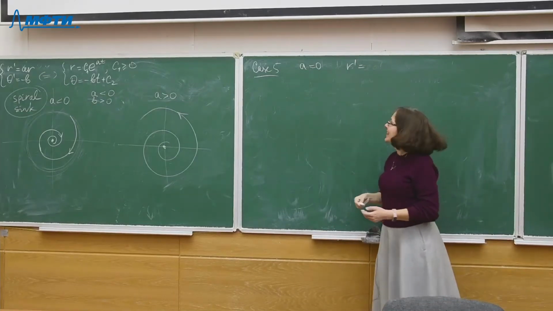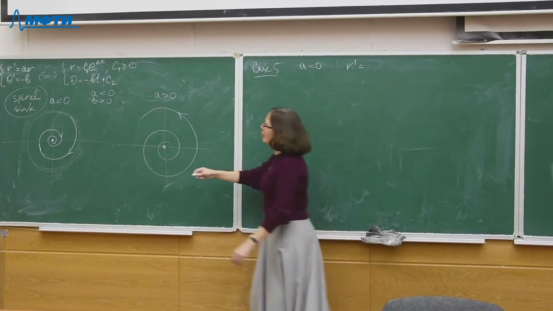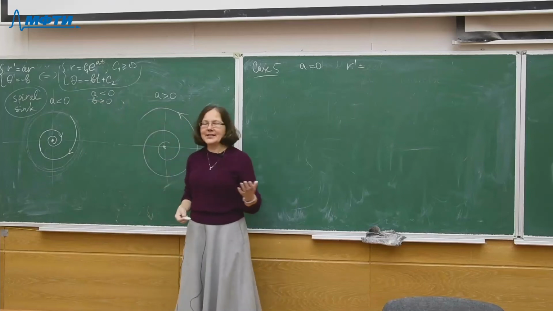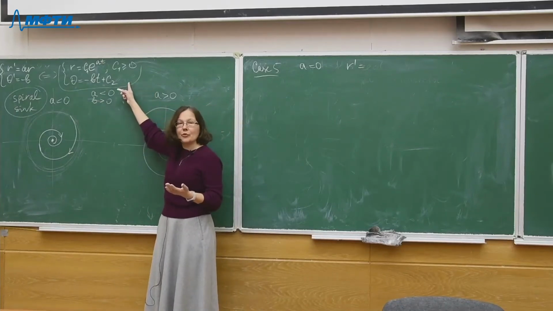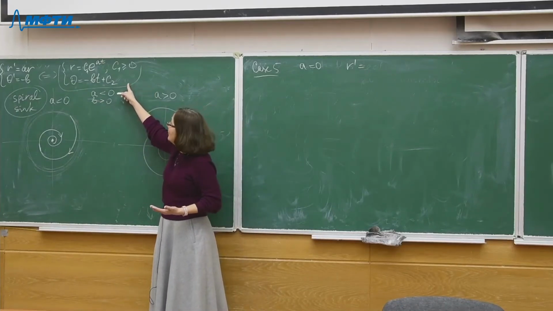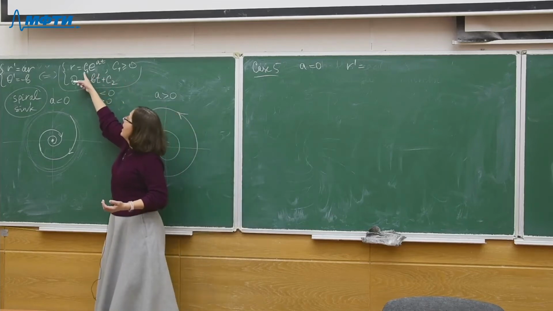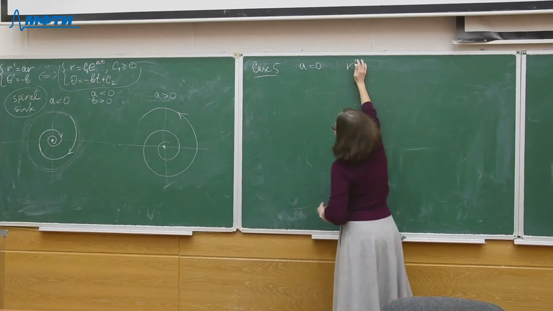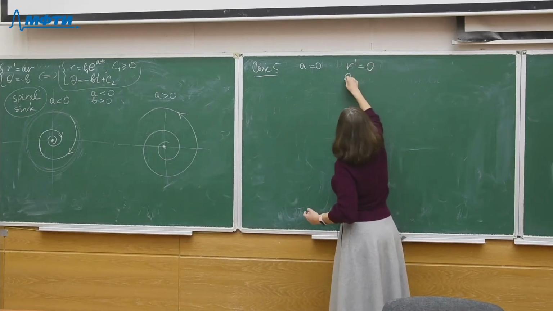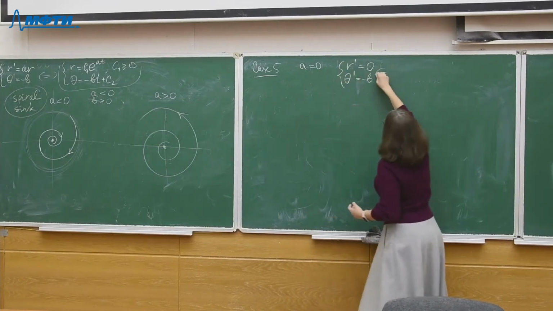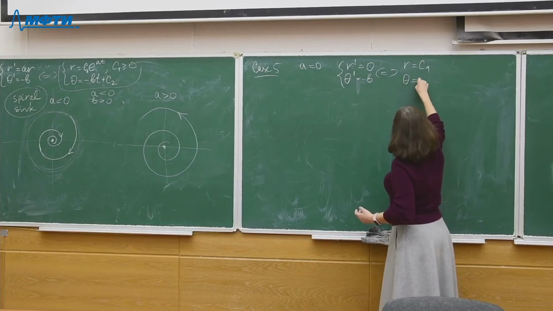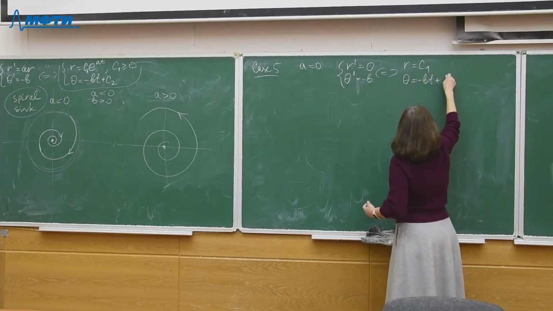Let's use the same formulas. The same formulas can be used for analyzing the situation, only for A equals 0. Then r is constant, so r prime is 0 and theta prime is minus b. This means that r is constant and theta is equal to minus bt plus c2.